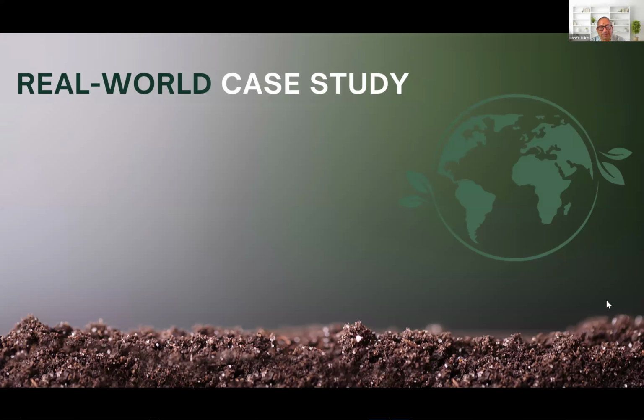So I got information about a real world case study and I'll give you more information. There was this condominium building that had asphalt connected to a concrete parking deck.